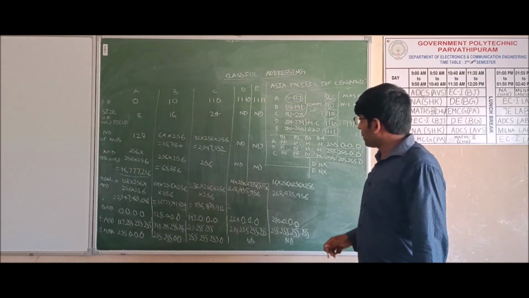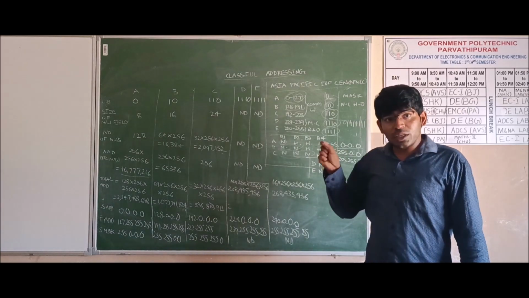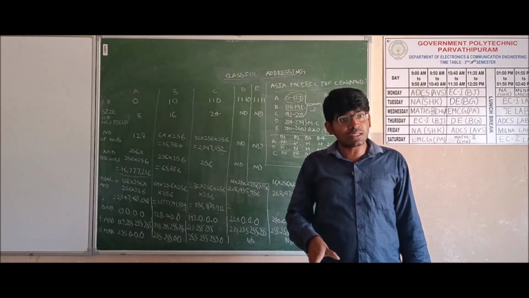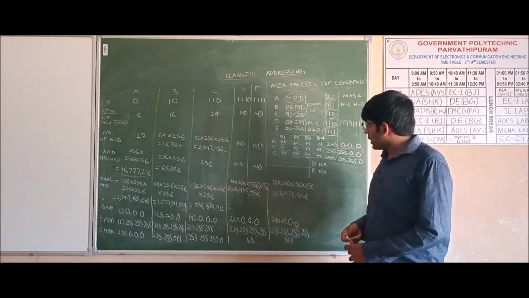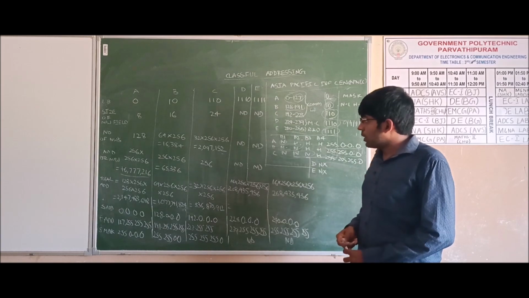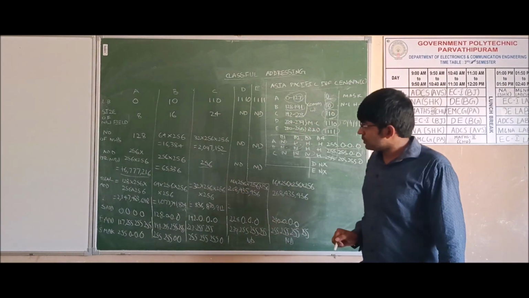In class B, 256 into 256, 65,536 addresses we can address per network. In class C, 256 addresses we can address per network.